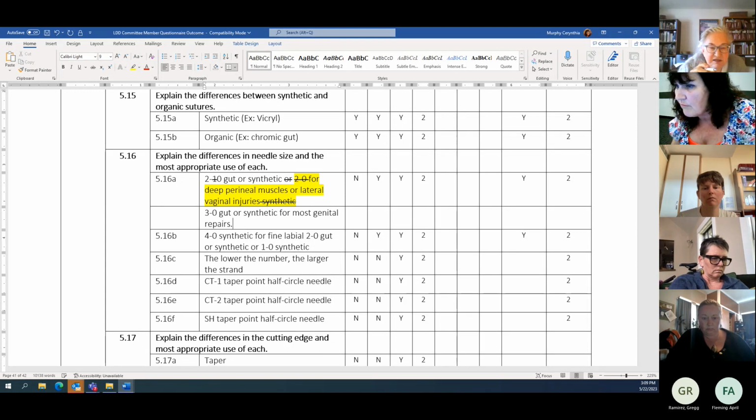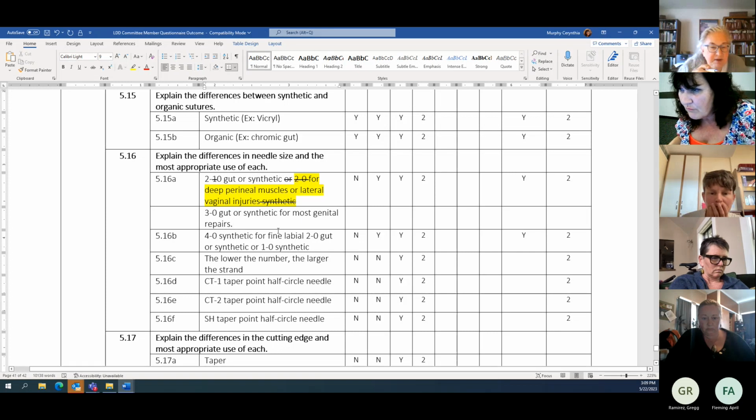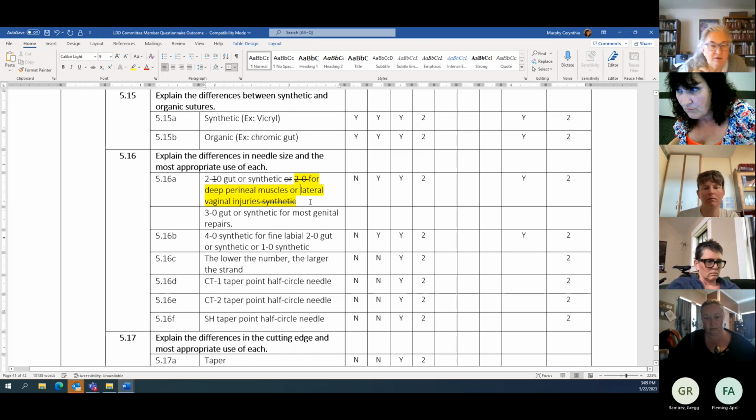And then I would actually change the 2.0. Instead of saying deep perineal muscles, I would say anal, rectal, or lateral vaginal injuries. On 2-0. And if people disagree, I'm happy to negotiate. But deep perineal muscles, to be deep enough to need a 2.0, we're not going to be doing those.